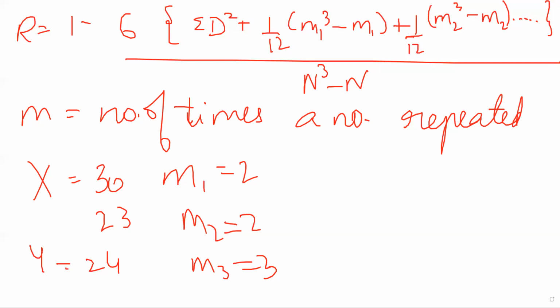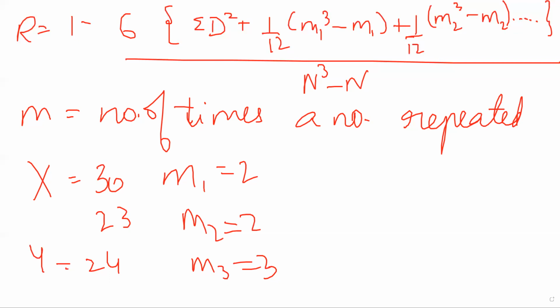If one particular number is repeated 2 times, that is assigned as M1. If another number in that same series is repeating 2 times, that will be M2. If another number is repeating, that will be M3. This will keep on going. The total number of times a particular number repeats will be the value of M.